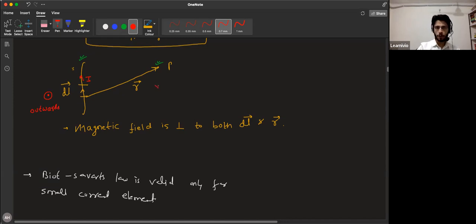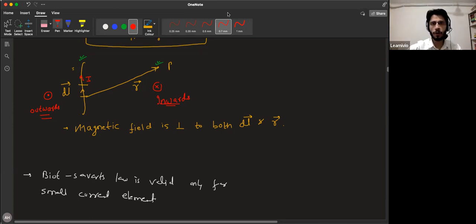And if I want to calculate the magnetic field here, then see, the magnetic field lines are going in the anti-clockwise direction. Over this point, they are coming outwards, but for this point, they are going inwards. So the direction is inwards. See, the magnetic field lines are rotating anti-clockwise.